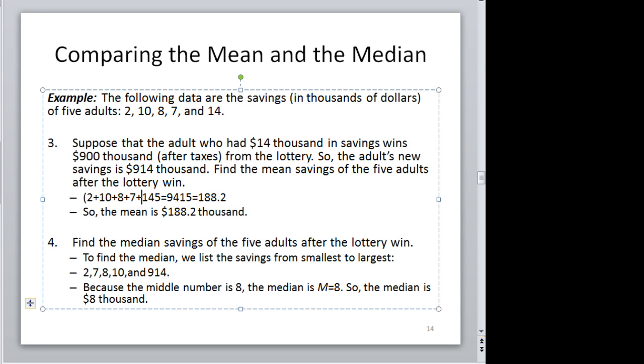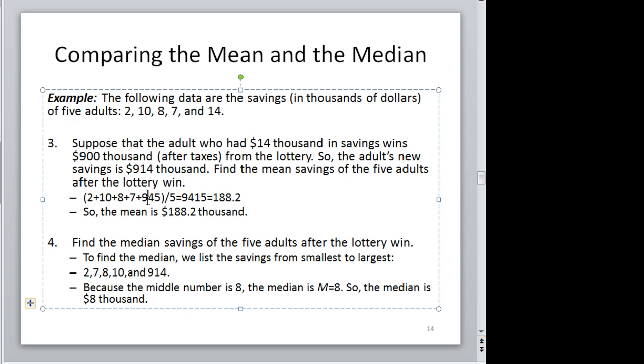Now when we add, it's going to add up to here and divide by 5, right? So we have 2 plus 10 plus 8 plus 7 plus 914. You know what? That was right.